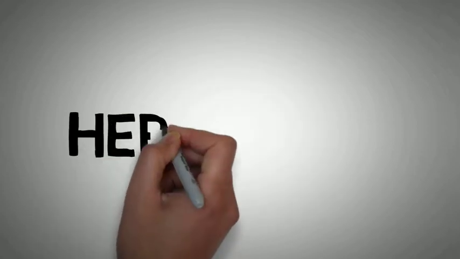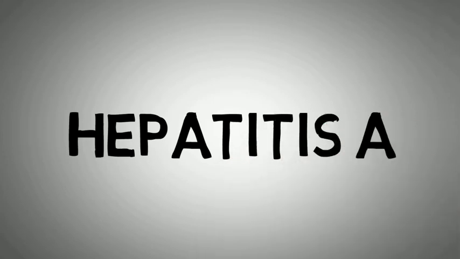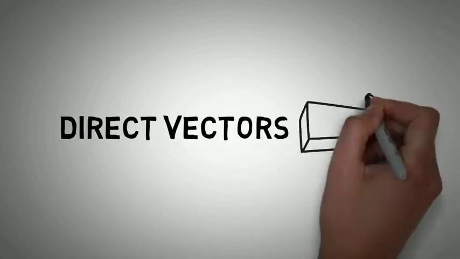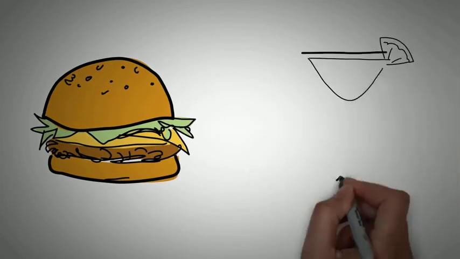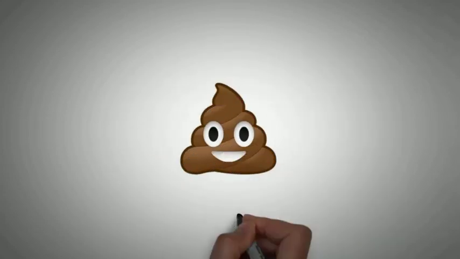For starters, the first and most common cause of hepatitis is the hepatitis A virus, which is contagious through direct vectors, usually spreading to others through food, drink, or objects contaminated by feces. Yes, I couldn't resist the opportunity to use a poop emoji.